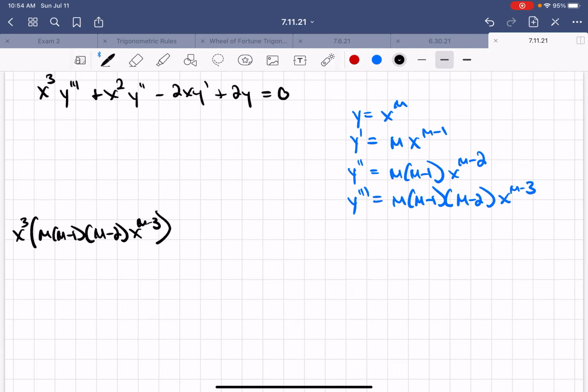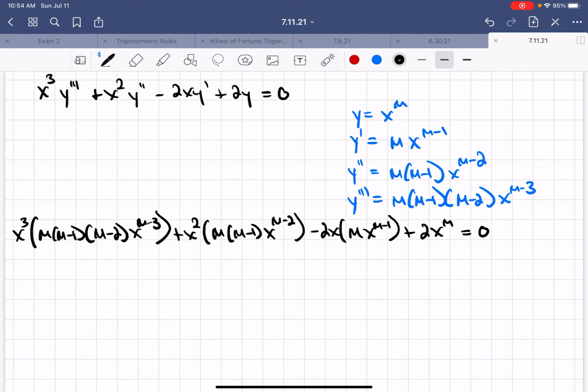So we just plugged in that y triple prime, x squared. Now we're plugging in the y double prime. Now for the y prime.